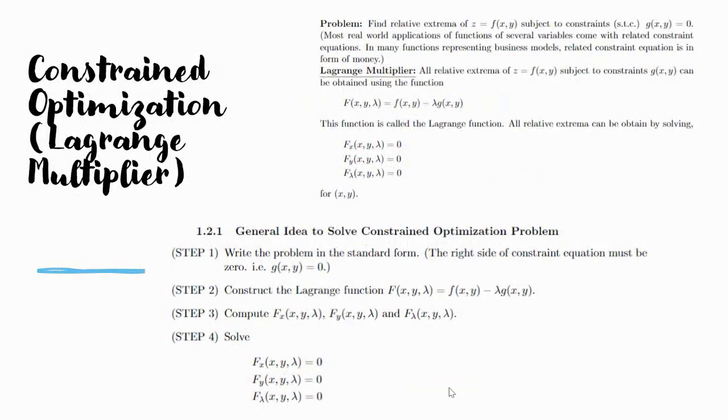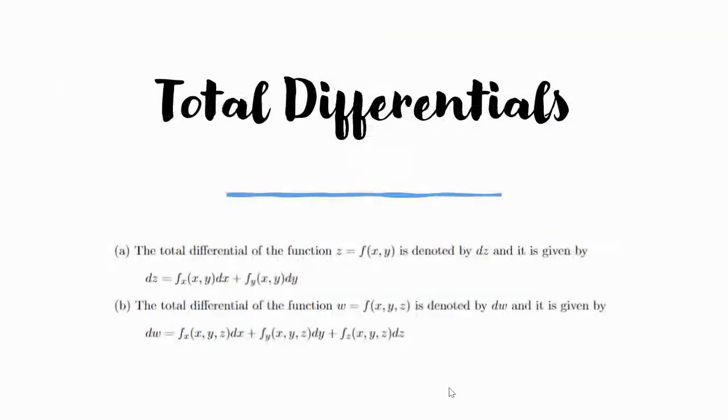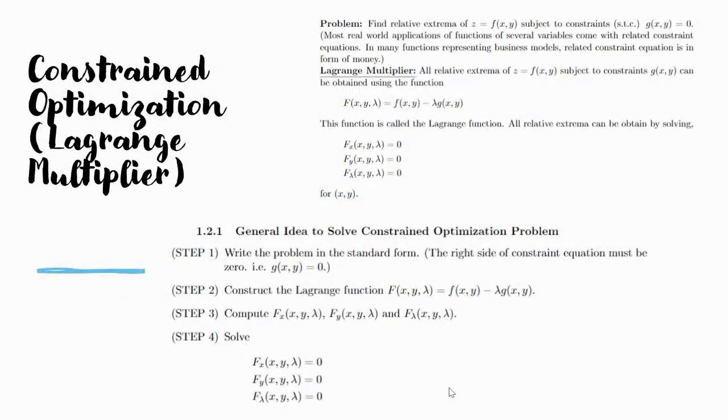Let's move on to constrained optimization, and this is where you are given a constraint and you need to use that to solve the problem. So the first thing that you will do is set up your constraint equation.